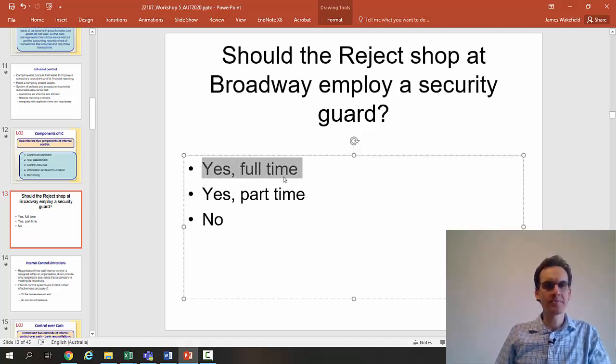So a lot of items may be stolen, which the value of those items may exceed the cost of employing the security guard. So in that case, it makes sense to employ a security guard full time because they are cost effective. Their cost is less than the value of the assets that they are mitigating from being lost.